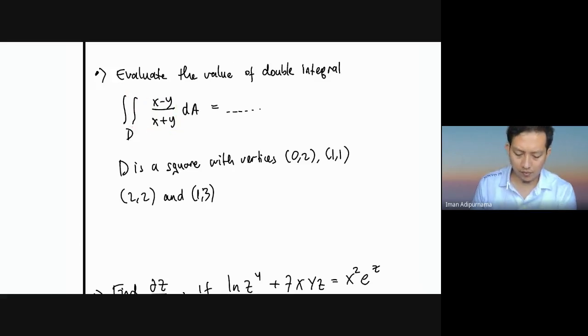So one solution is to use the Jacobian transformation.